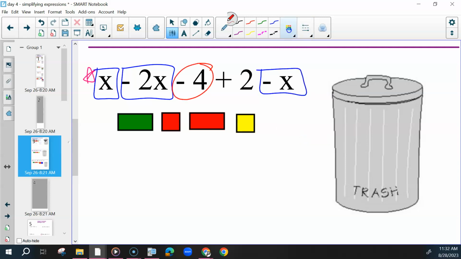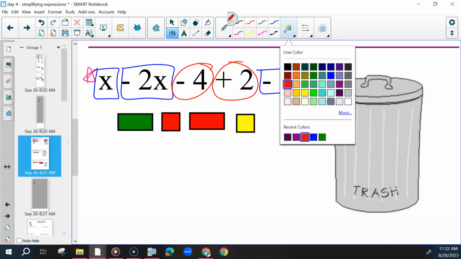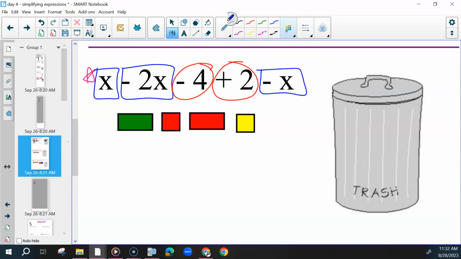And then we have -4 and +2. And then again, we're going to do the same thing. Remember that there are invisible 1s in front of these x's. And we're going to take these numbers, 1, -2, -1, and figure out what that would be. You can do that all at the same time. You can do 1 -2, and then -1. You can do -2 -1, and then go back and do 1 minus at the beginning.